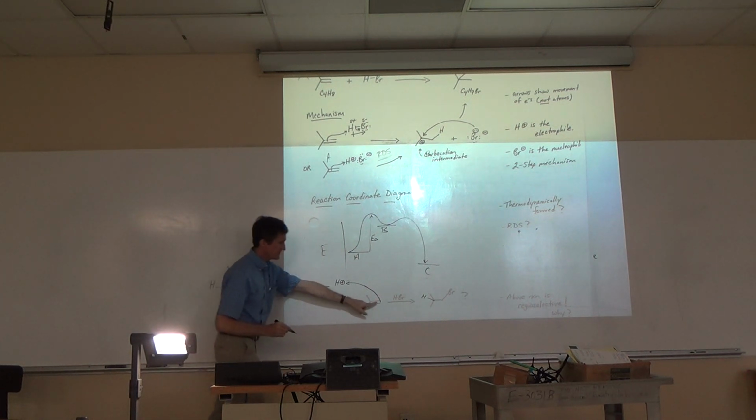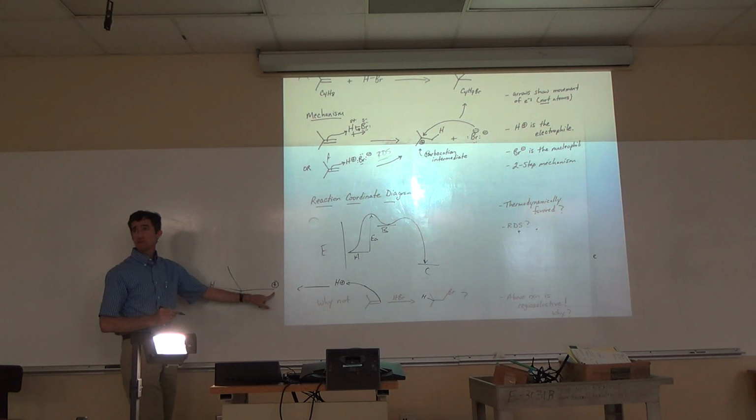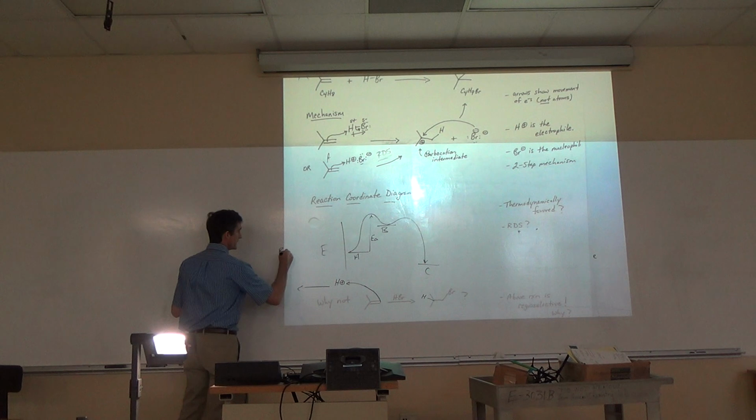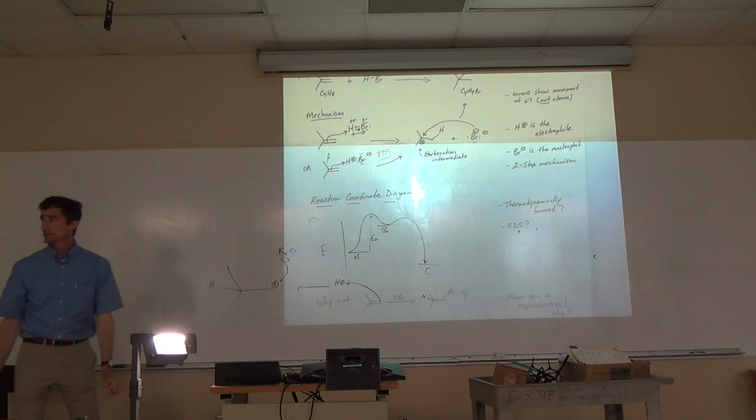How many H's on this carbon? 2. Still only 2 there. You've got to keep track of your H's. Since there's only 2 there, what's the charge? Positive, like I showed. Now Br minus, same mechanism. These electrons could make a bond there, and that would give that product on the right, correct?